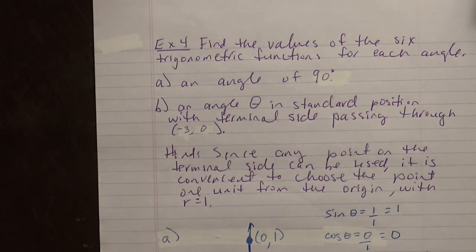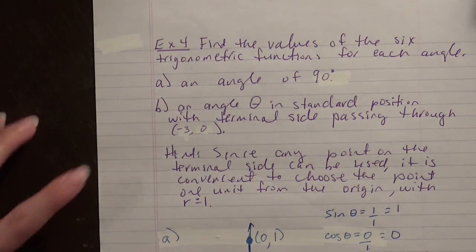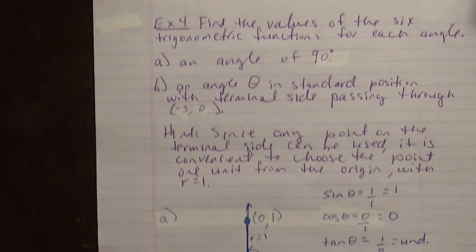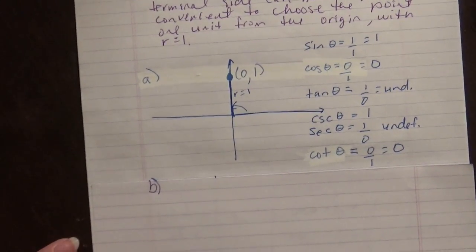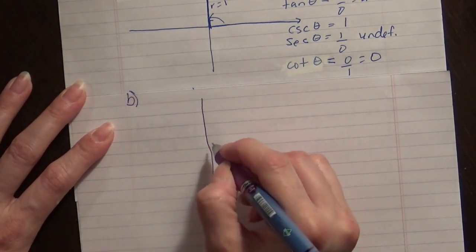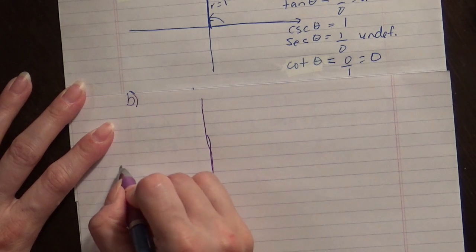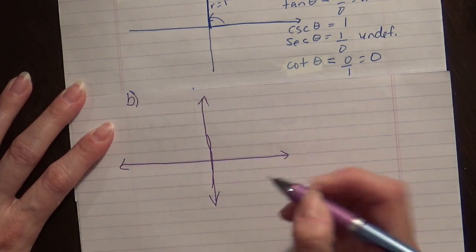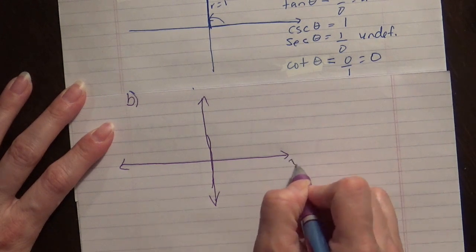For part B, we want to find the values of the 6 trig functions for an angle theta in standard position with terminal side passing through the point (-3, 0). So we'll draw a picture. So find the point (-3, 0).